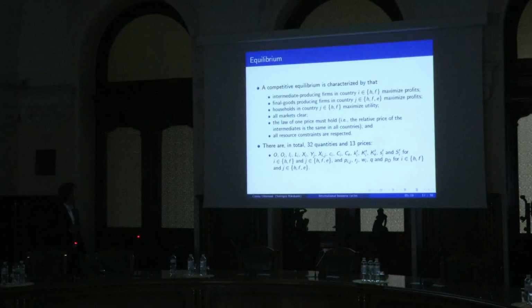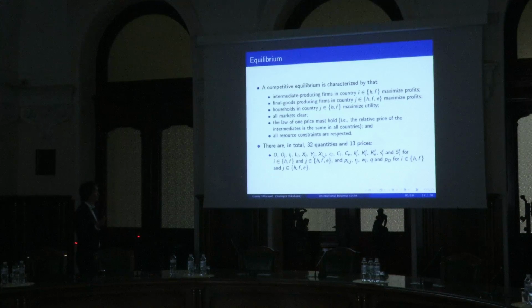So the competitive equilibrium is still very intuitive. You only need profit maximization in country H and F for these intermediate producing firms. They maximize profits. And similarly for the firms that produce final goods, you need profit maximization. And in country H and F, households maximize utility.